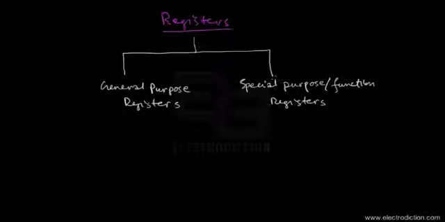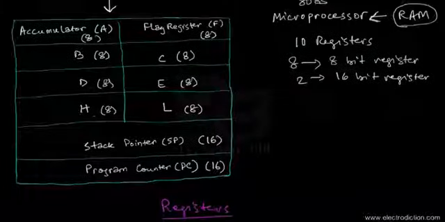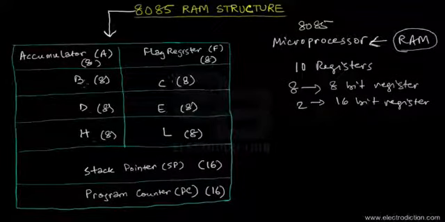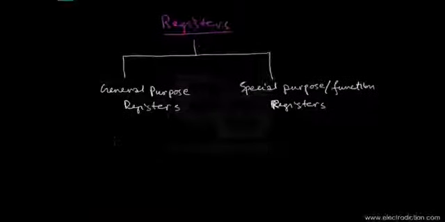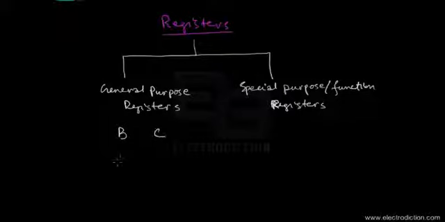Apart from all the 10 registers that we have seen over here, the registers B, C, D, E and H, L all come under the category of general purpose registers. All of them are 8-bit registers, as I said.